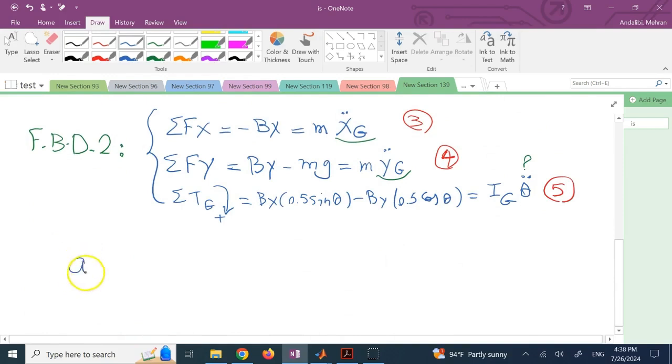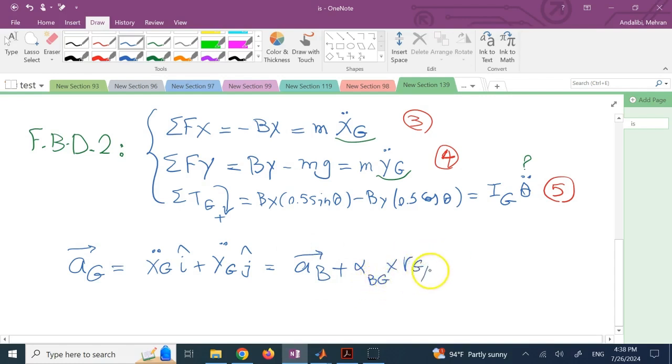So now we say what? We say acceleration of g, which is basically x double dot g i plus y double dot g j, these two unknowns, is equal to acceleration of b plus alpha of member BG cross r of g with respect to b minus omega of member BG squared magnitude r of g with respect to b.